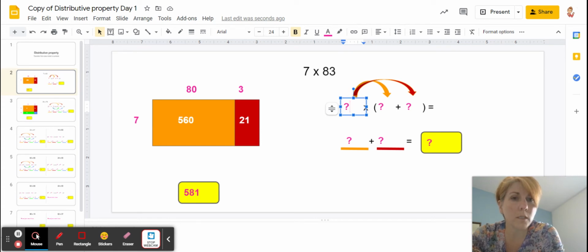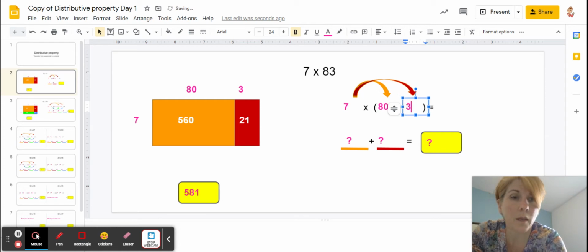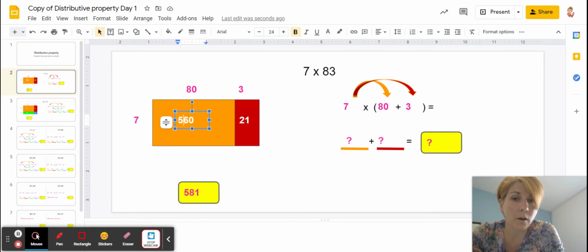Now, what I want you to do over here is we're essentially doing the exact same process, but I want you to see that exactly the same thing is happening here. I would be taking the 7 and splitting the 83 into an 80 plus 3. If you notice, that orange arrow is saying 7 times 80, just like we did over here.